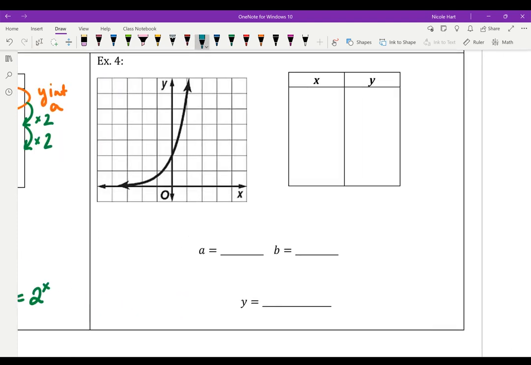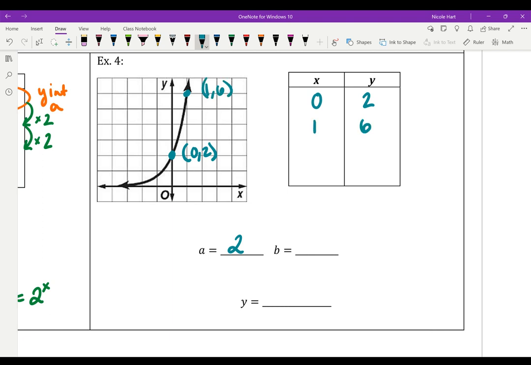Okay, and our last example here, I'm looking at my graph and I see a point here at (0, 2). That is going to be my y-intercept, and my value for a will be 2. And then continuing, I only have one additional point, and that's at (1, 6).